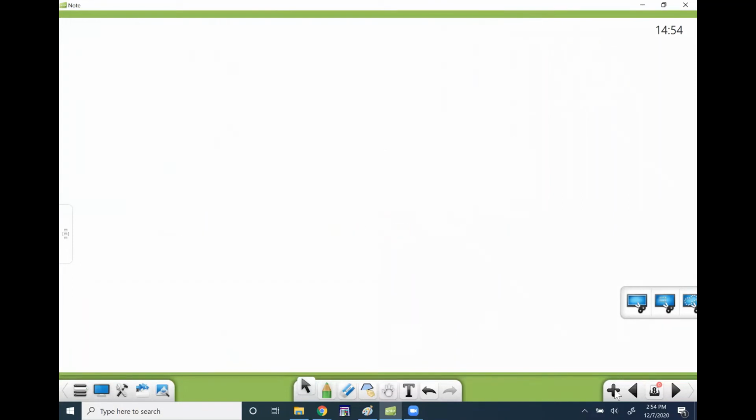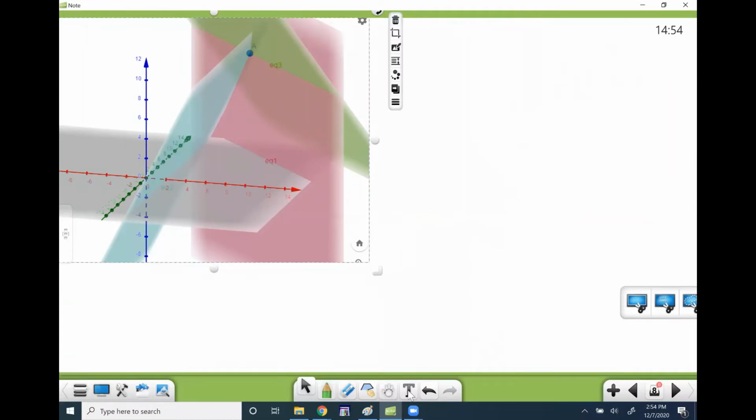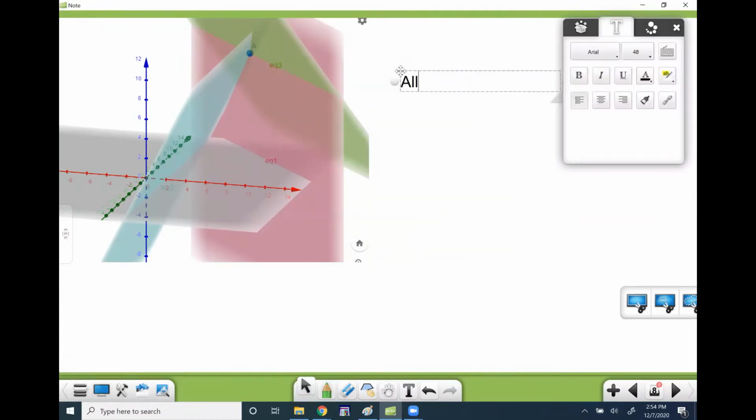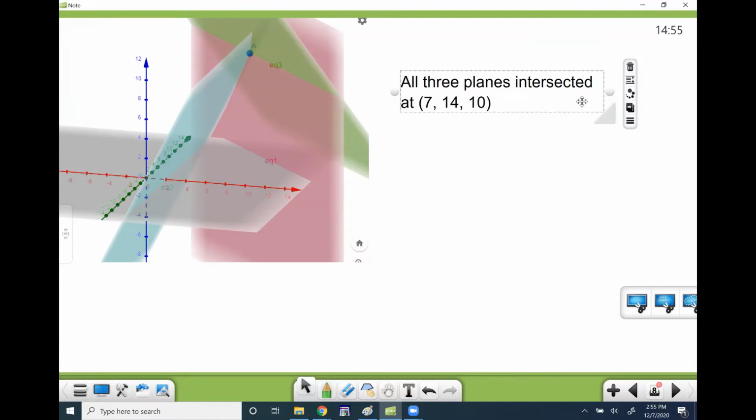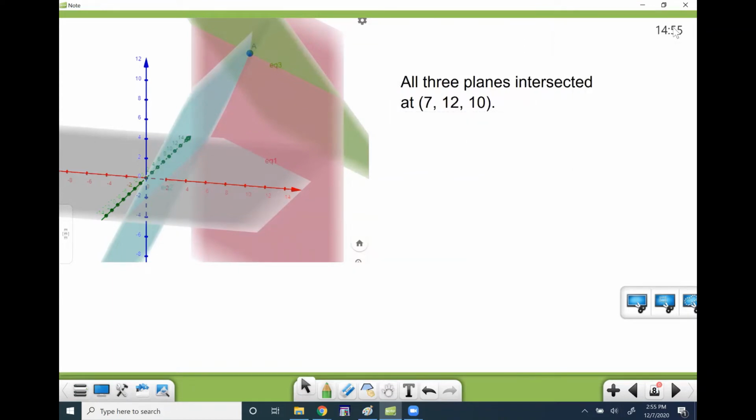All 3 planes intersected at 7, 12, 10. It's 12 instead of 14? Yeah. Thanks. And that is what we wanted. Okay. All right, pretty cool stuff that you guys are getting into.